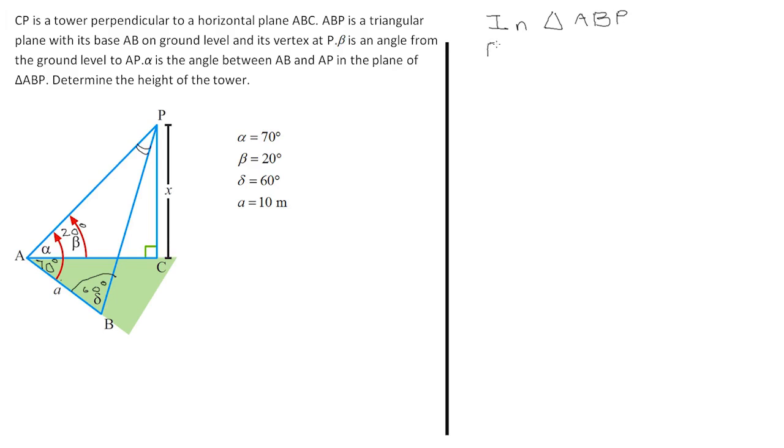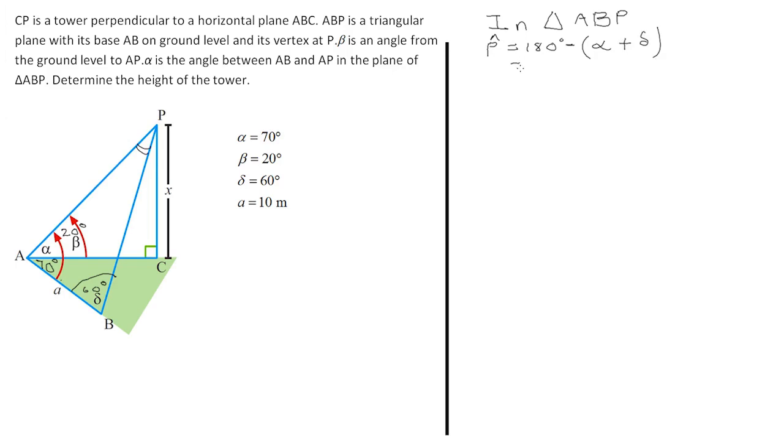Angle P is equal to 180 degrees minus the sum of, obviously, alpha plus delta. Oh, sorry for drawing it so funny.